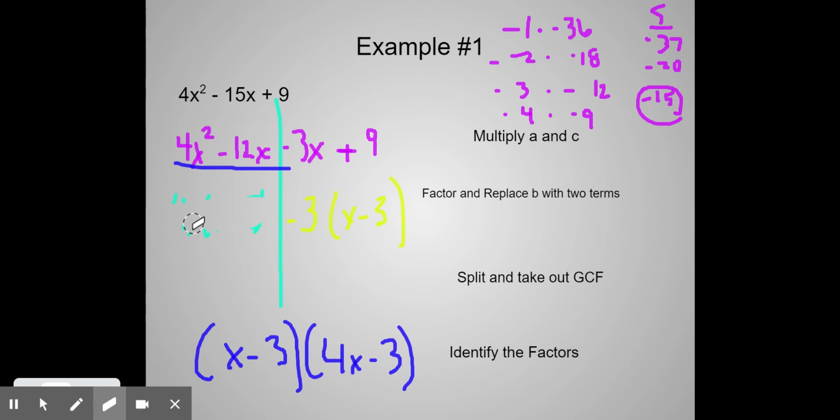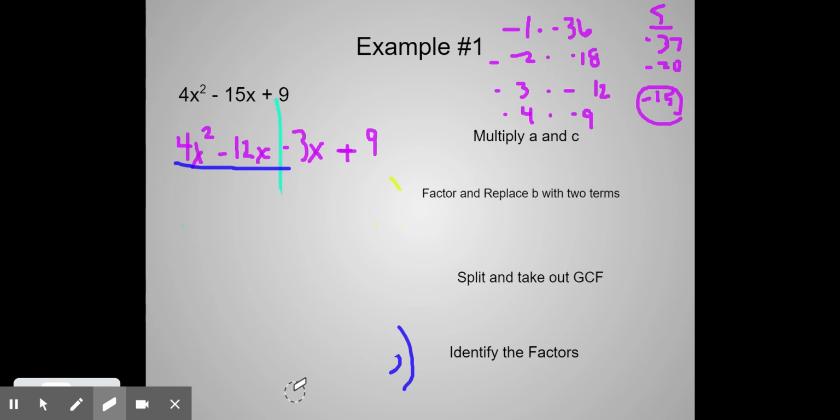So I'm going to do some erasing. Sorry, it takes a little bit. What I'm going to do is essentially exchange where the -3x is and the -12x. So let me go ahead and exchange them.